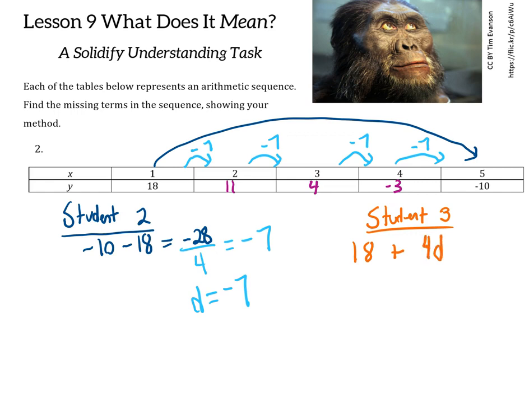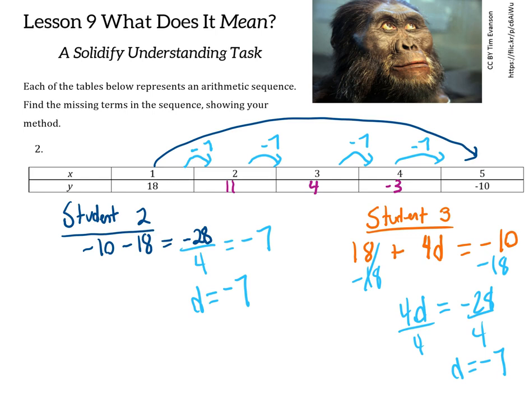So we're doing the difference 4 times from 18 to get down to negative 10. And we could write an equation like this, and then we could solve this equation. So subtract 18 on both sides. We get 4d equals negative 28. Divide by 4 on both sides, and by the same strategy we get d equals negative 7.